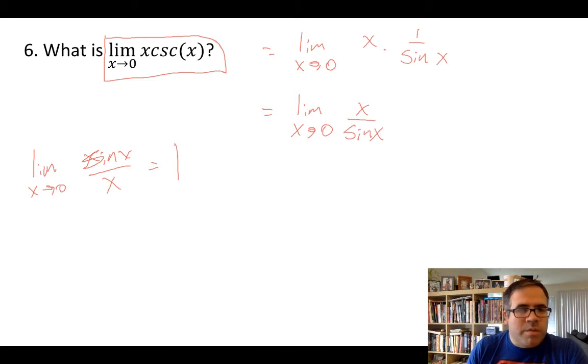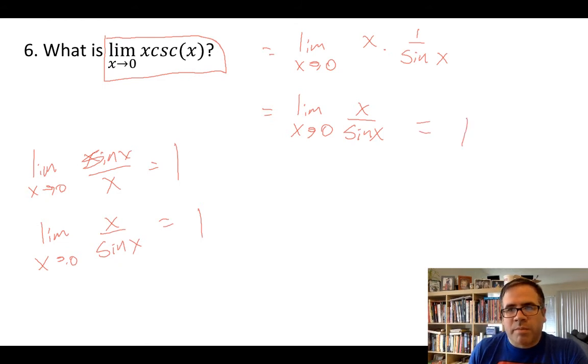Which, of course, when we flip this, that means that the limit as x goes to 0 of x over sine x, the limit we have, is also equal to 1. So this all just becomes 1.